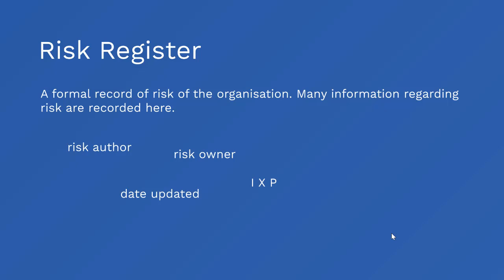What is the impact and the probability of the risk? What are the risk controls that we have for this risk so that we can manage it? What are the consequences when the risk materializes? What is the risk status? So if we decided to implement certain risk controls, how successful are you in implementing them? Is it still ongoing, or is it done?